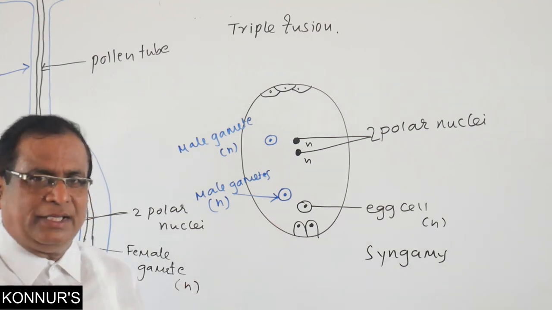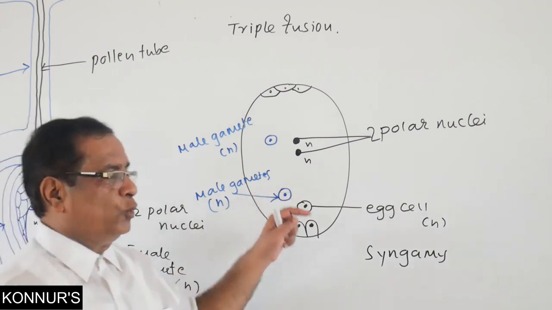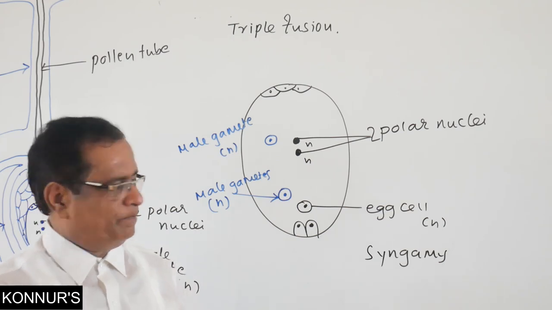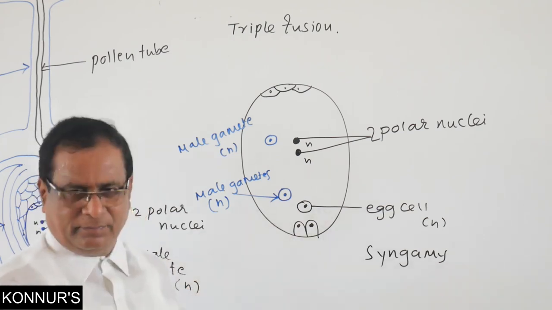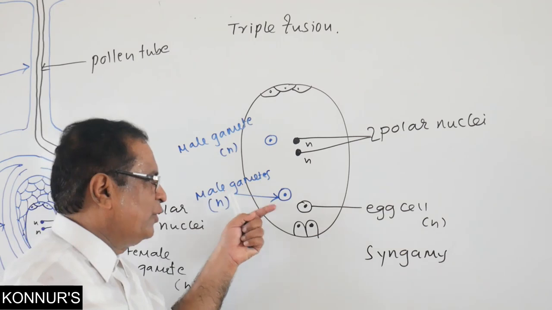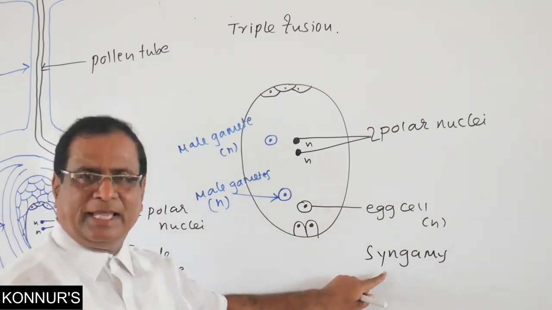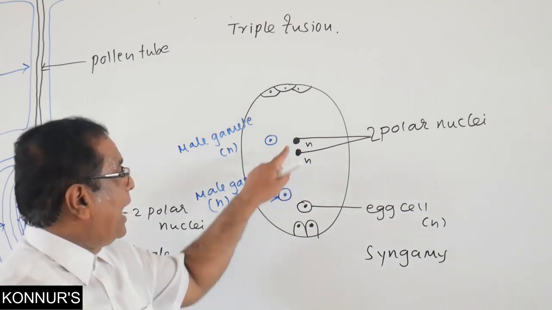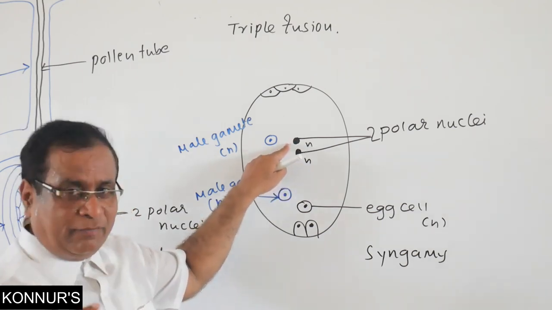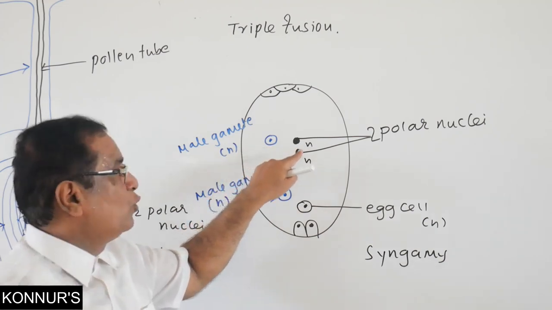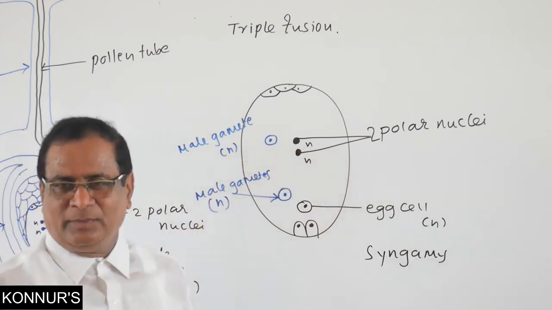And one more interesting thing is, two separate fusions are taking place here. One is syngamy, that is, a haploid male gamete fuses with the haploid egg cell. And another fusion where three haploid nuclei get fused.